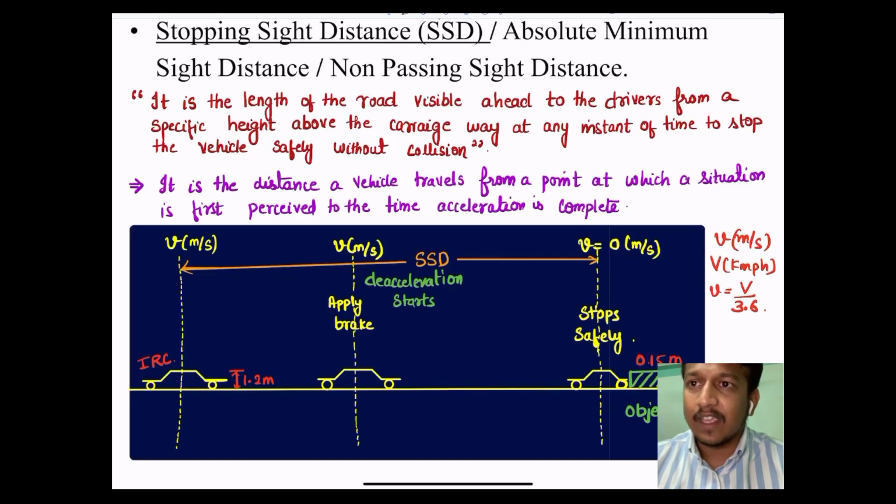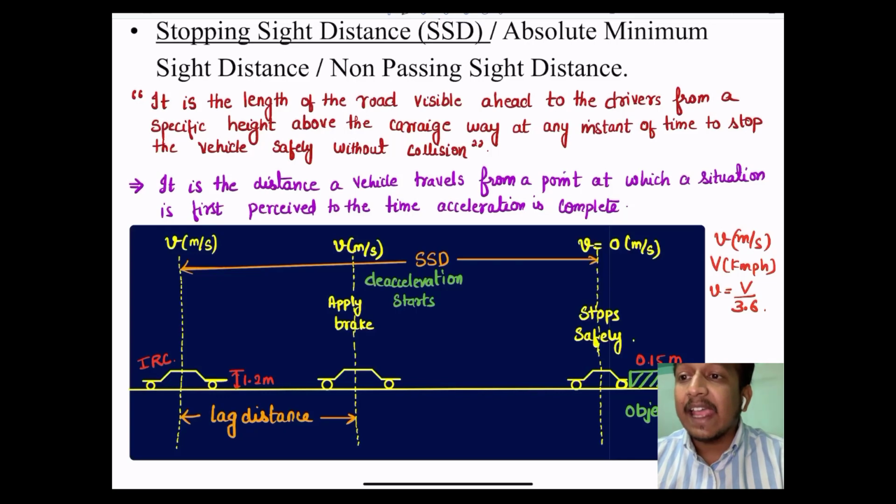It is the distance a vehicle travels from the point at which the situation is first perceived to the time deceleration is complete. The point from which he perceived the object and he applies the brake, that distance he travels is known as lag distance. We'll see in detail what is lag distance. And after applying the brake, whatever distance the vehicle travels and stops, that distance is nothing but braking distance.